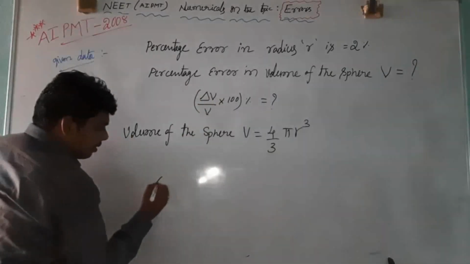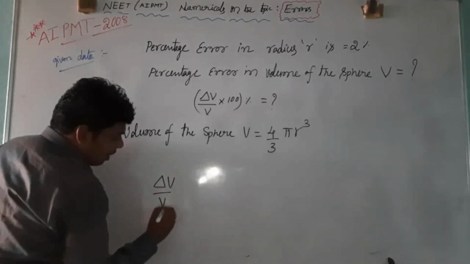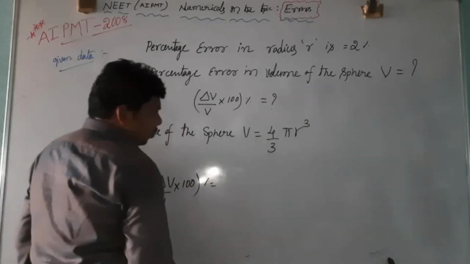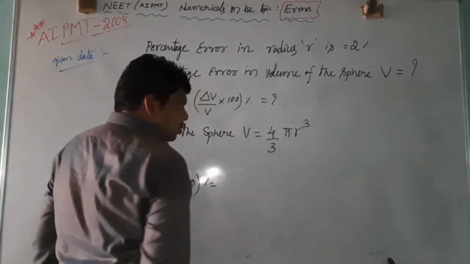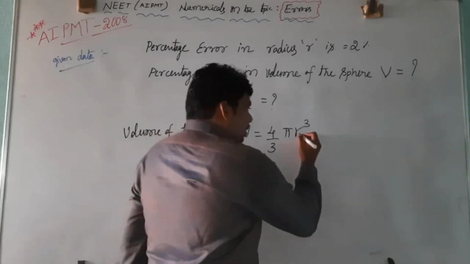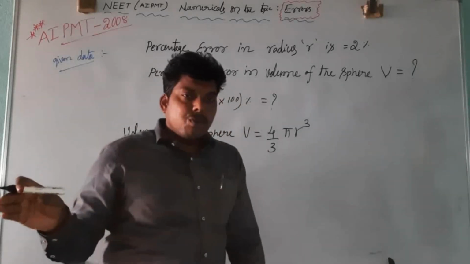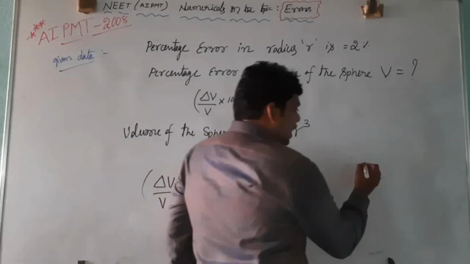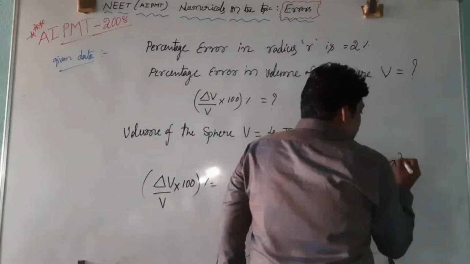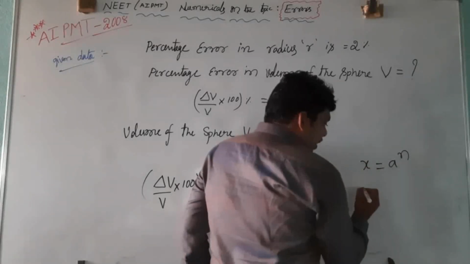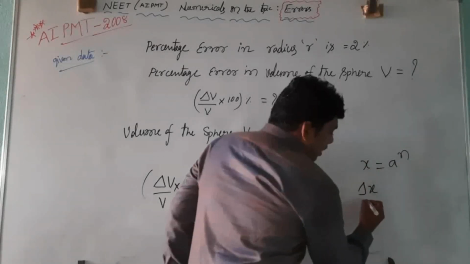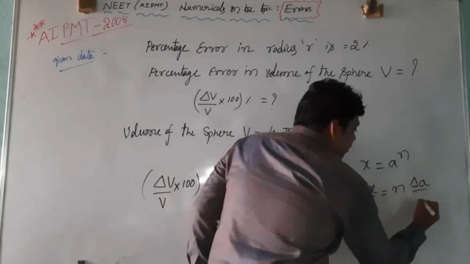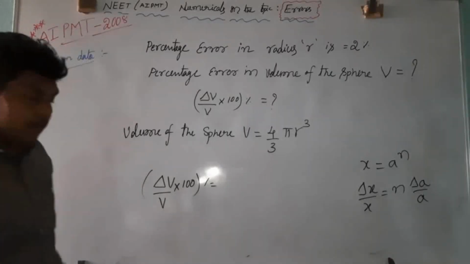Percentage error in volume: delta V by V into 100 percentage is equal to, 4 by 3 pi is the proportionality constant. But here it is not a multiplication of physical quantities, it is the power of a physical quantity. When they have given the power of a physical quantity, x is equal to a to the power n, relative error in x is given by delta x by x is equal to what? N into delta a by a. In the previous three problems, we have used this one.